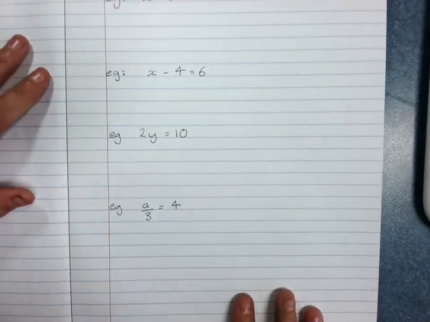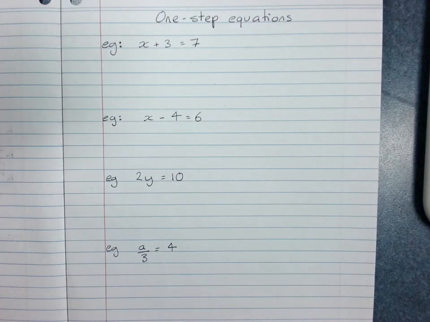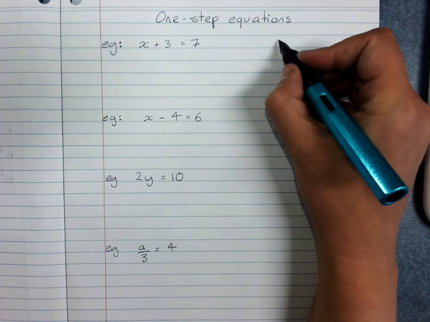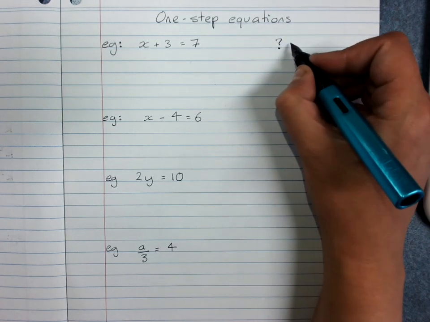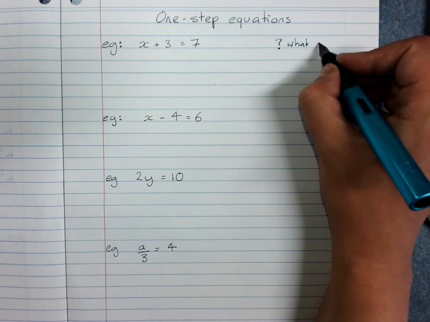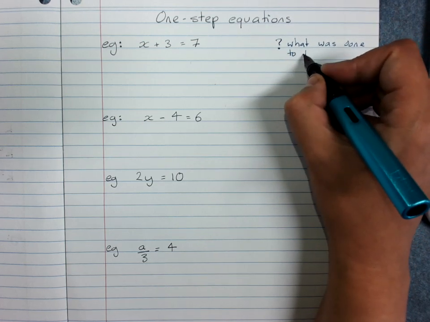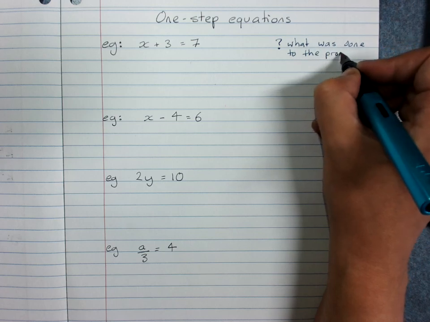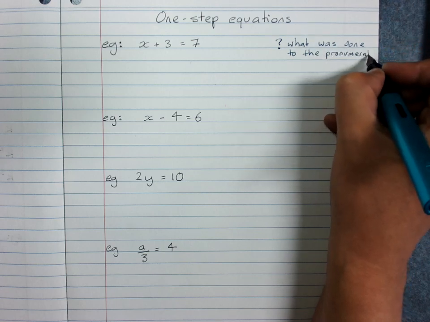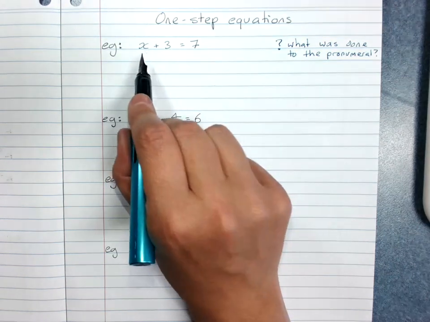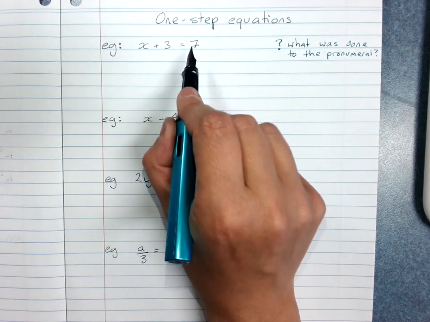So this is 3 different ways of thinking about how we solve equations. But what we come down to over and over again is we ask ourselves, what was done to the pronumeral? Three was added and we got 7.